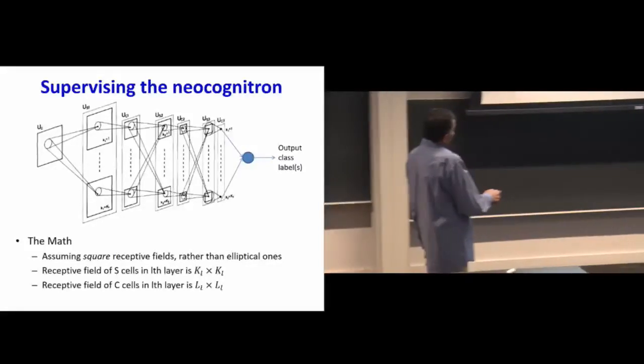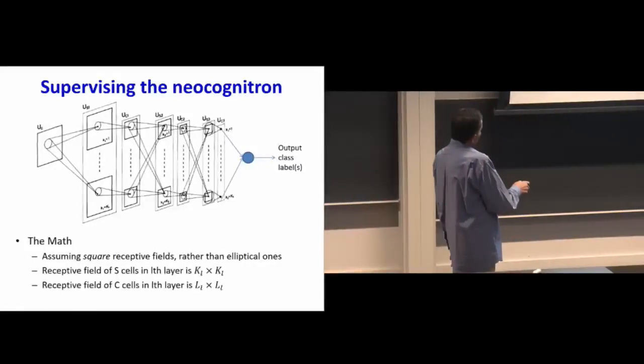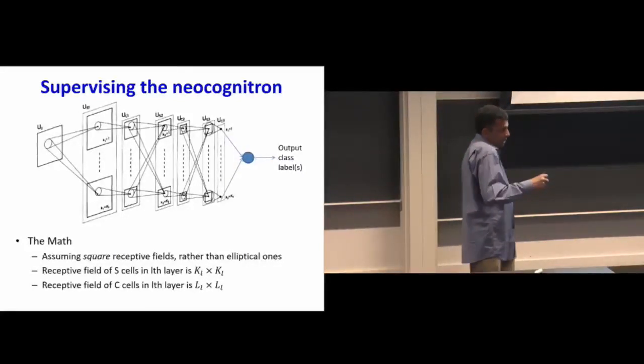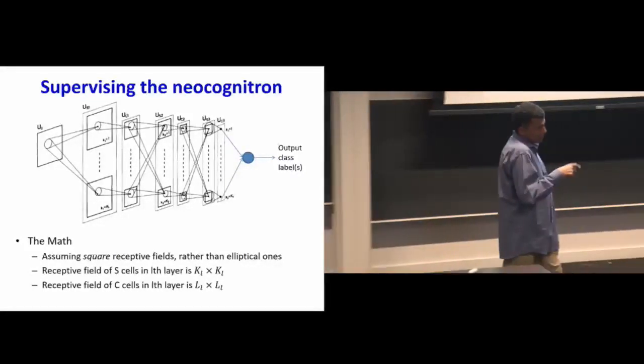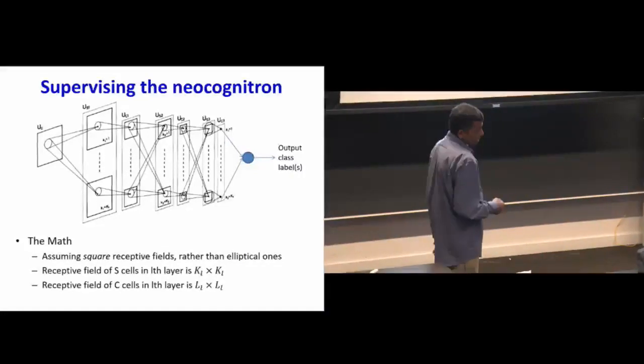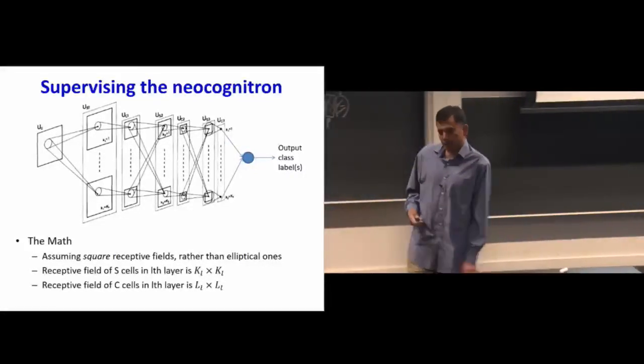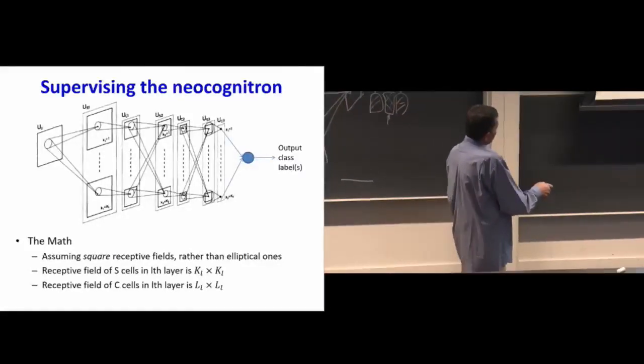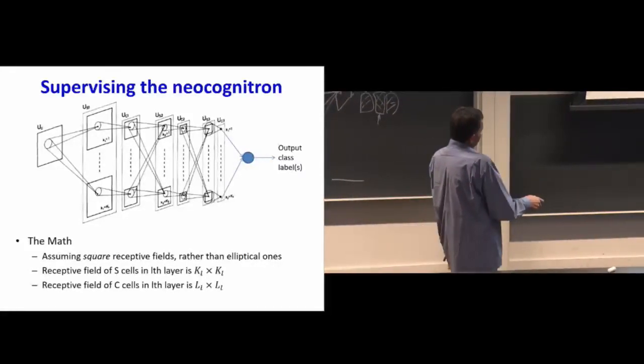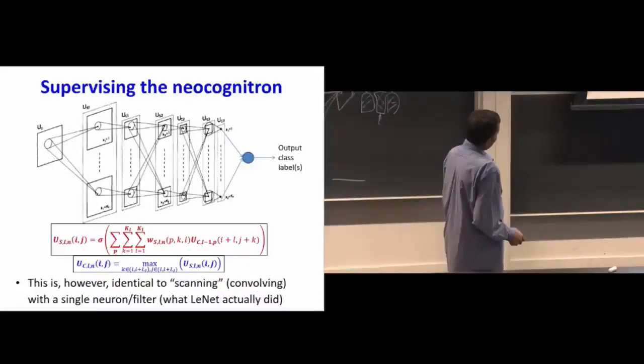All of the cells in this plane have exactly the same response. So in math, if I assume that the receptive fields of each of these cells is square rather than elliptical. Now in Fukushima's model, they were elliptical, but it's easier to do this with square or rectangular responses. Then let's say the receptive field of any S cell is some KL cross KL, and for a C cell it's another square.